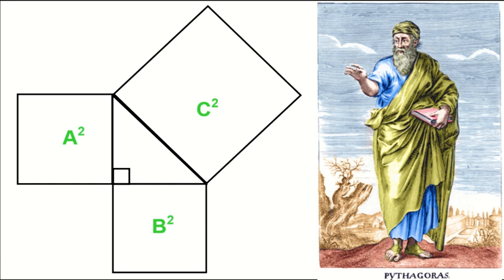Square A, the side length on the square is the same as the leg there. Square B, side length is that leg. C squared, that square, the side length is the hypotenuse. And what he found was these two smaller ones would be equal to the area of the bigger one.